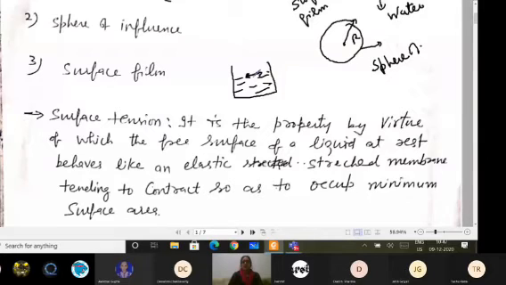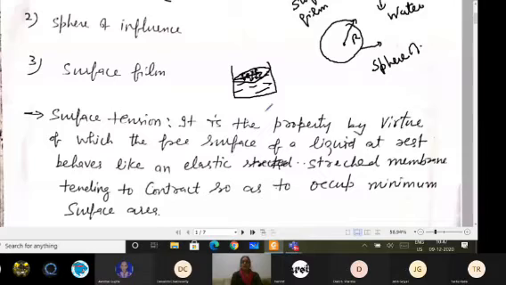Because this upper surface behaves like a stretched membrane. The surface area of the uppermost layer, which is your surface film, decreases so as to get stability.